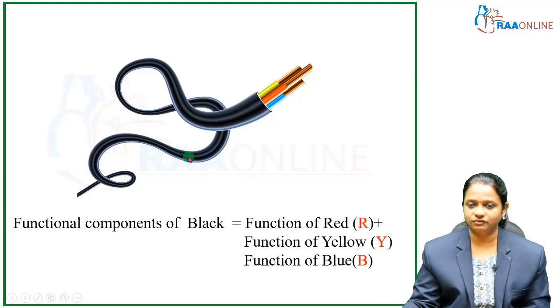But the function of the cranial nerve as a whole is the sum of the function of its individual nerve fibers, that is R plus Y plus blue. So this we call the functional component of the cranial nerve. So the functional components of a cranial nerve is the sum of the functions of the individual nerve fibers.